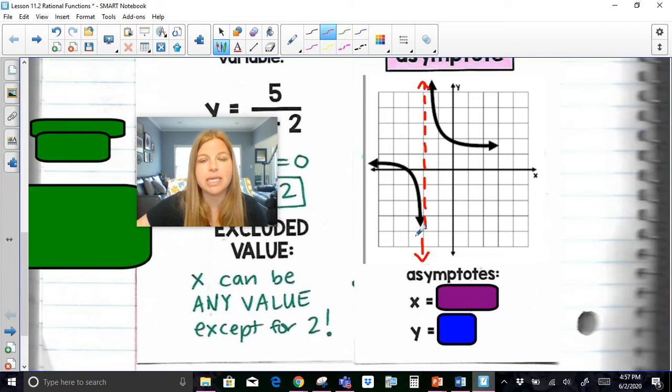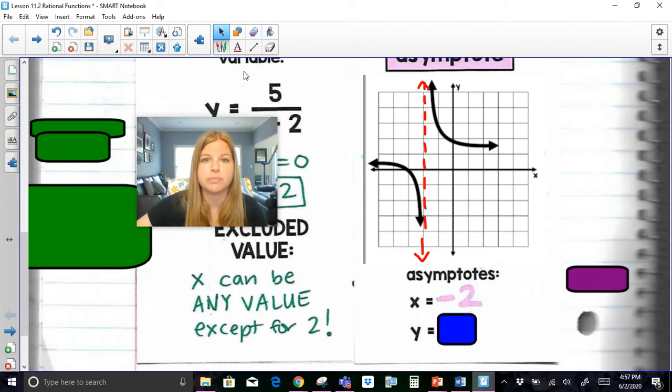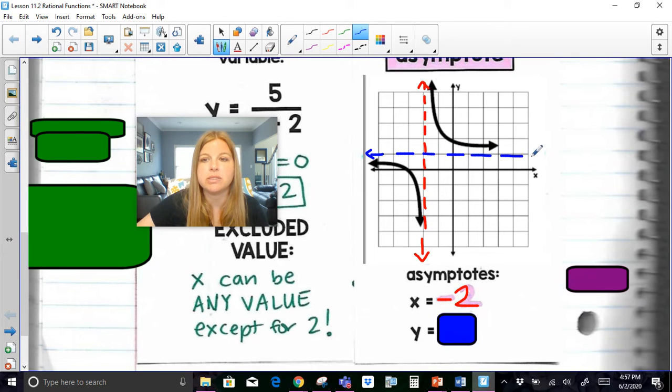So if I was to take a look at this, okay, and I have this equation, which actually looks like this graph, this double graph, this is my vertical asymptote, and the asymptote is at x equals -2. I know that's pretty light, so I'm going to draw over it. Okay, my horizontal asymptote would be the horizontal line that I see the graphs also kind of getting close to but never touching.